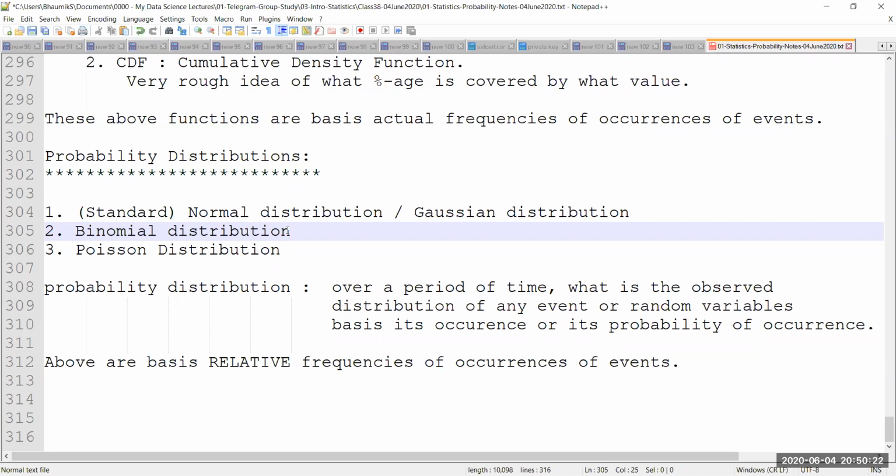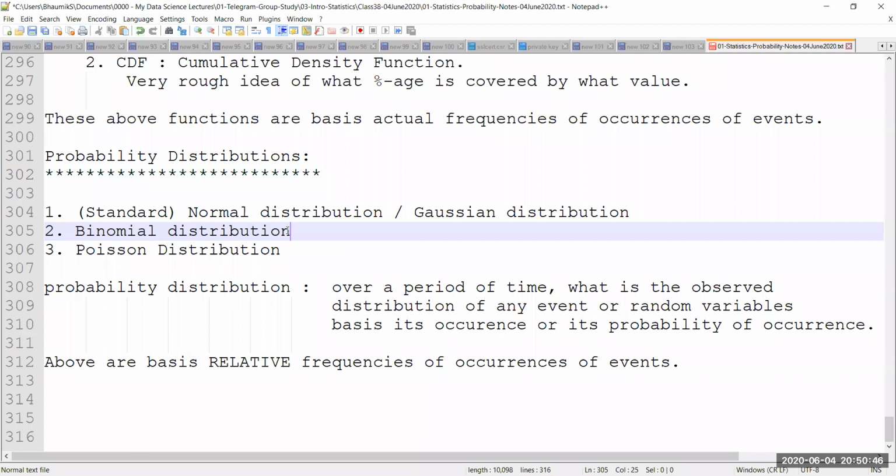The data that I collect to plot this distribution will be based on its occurrence, or the probability of occurrence. So this is exactly what I'm going to do when I'm doing a probability distribution. It is not a density anymore. I'm not trying to look into how dense or not dense things are. Now I'm trying to look into something else.